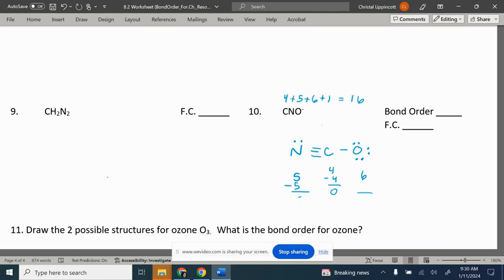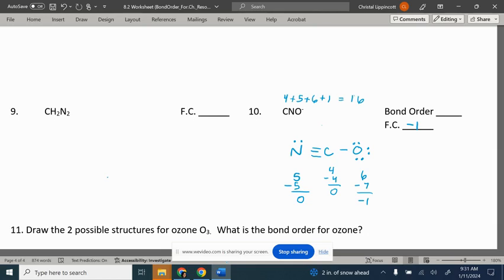So that is a 0. And now over here, oxygen is up to a 7, which gives us the formal charge of -1. We have a -1 here. Okay. Does that make sense why this structure is preferred over the first 2 that I drew? Yeah. Okay.